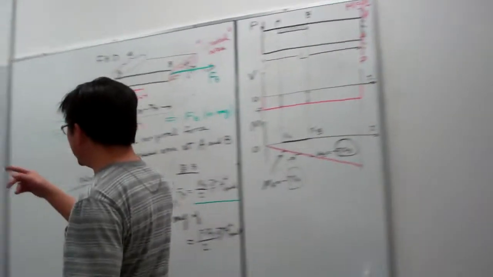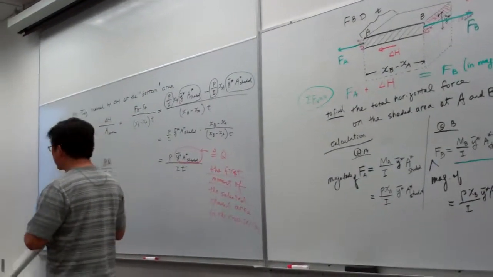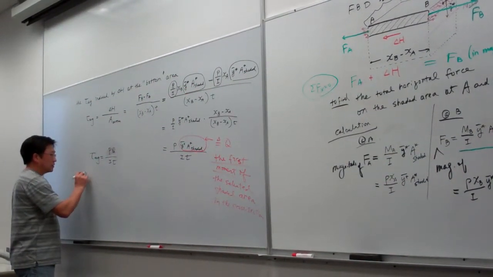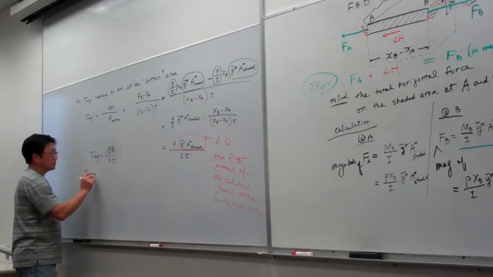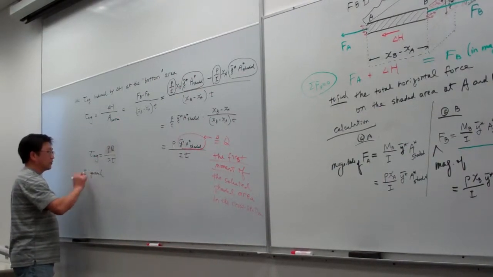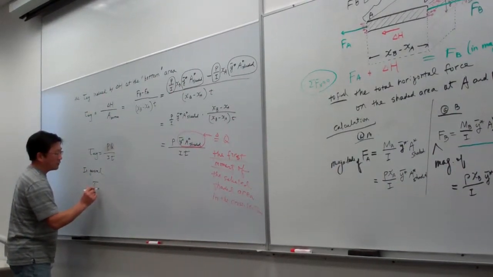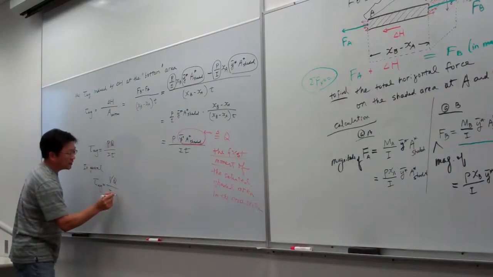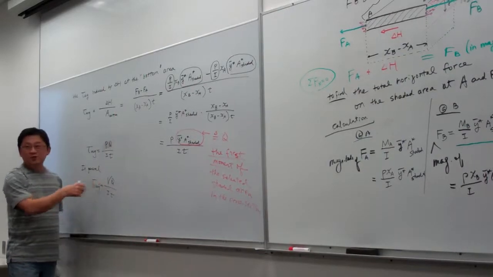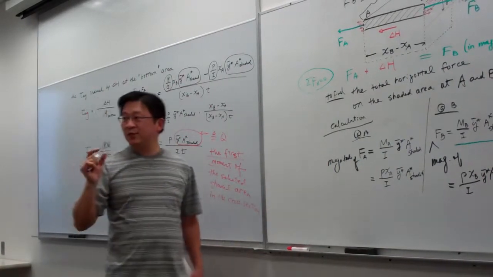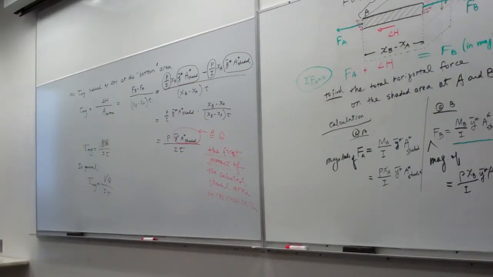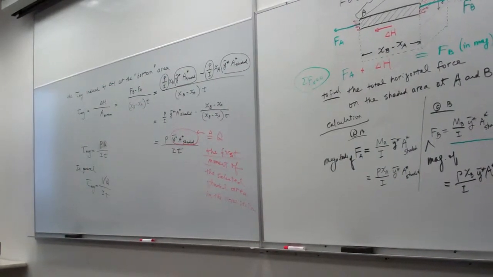Let me extend the general concept. In general, tau average equals VQ over IT. Here I replace P by V to indicate that P actually represents the shear force, or the transverse loading, at that position.